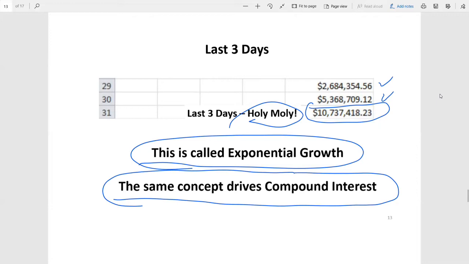So when something grows like 2 to the nth power, where n is the exponent, things are growing very quickly. And that's the basis of compound interest.